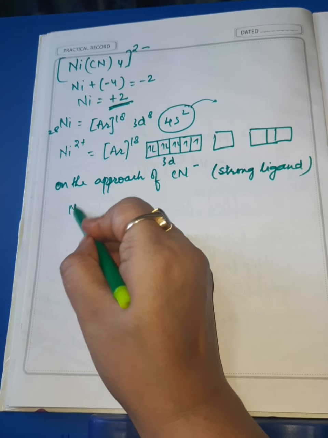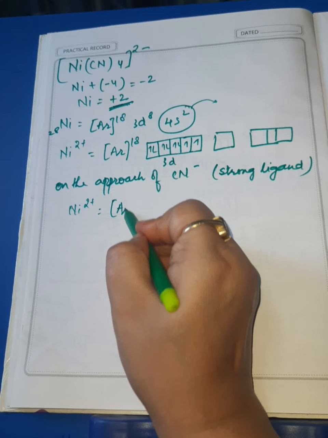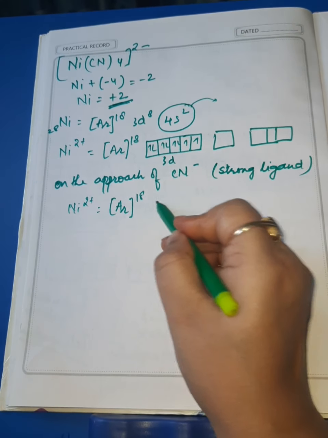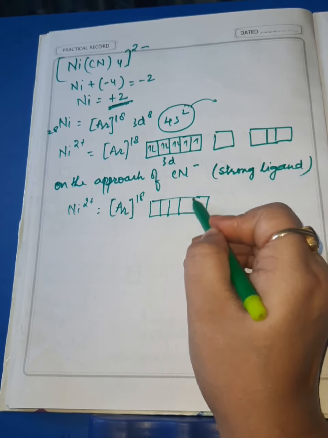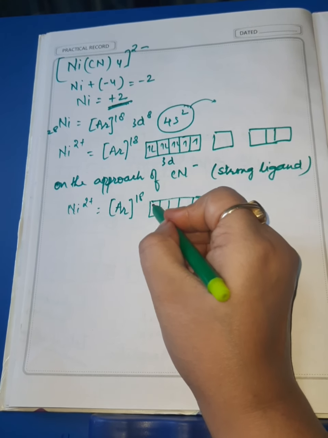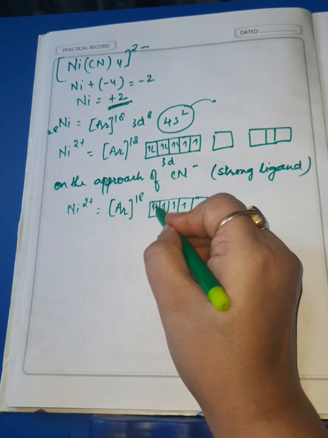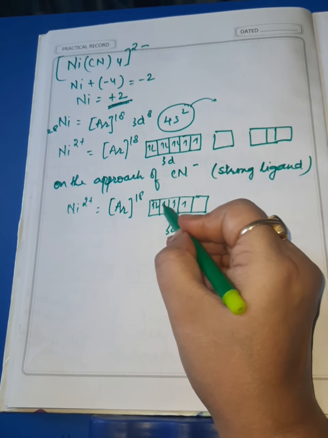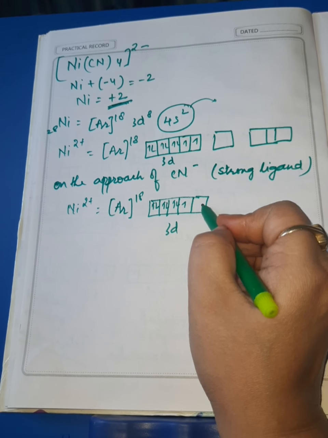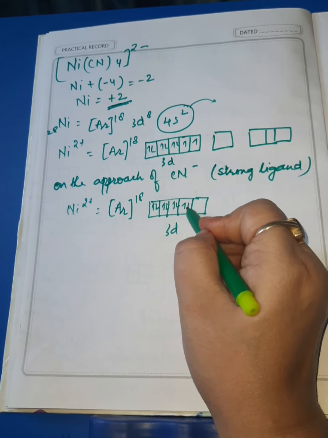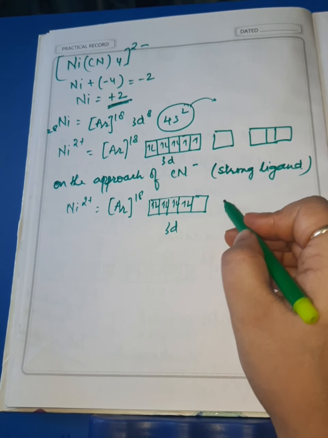So as a result, after the approach of CN minus, the situation of Ni2+ will be argon 18, and then we have a 3D which was having 8 electrons in such a way that 1, 2, 3, 4, 5, 6, 7, 8. Now this 5th electron gets paired with its 8th electron, making one 3D orbital vacant.